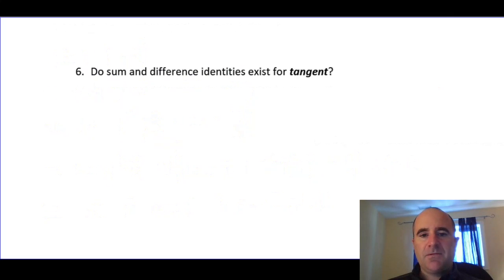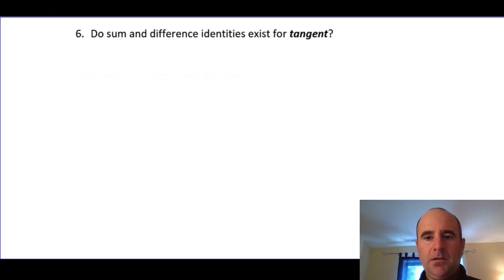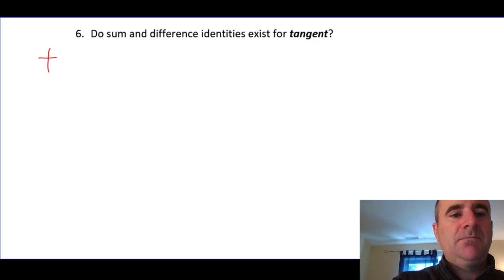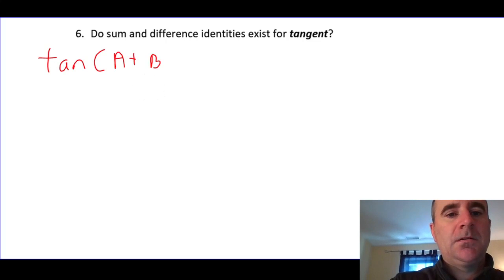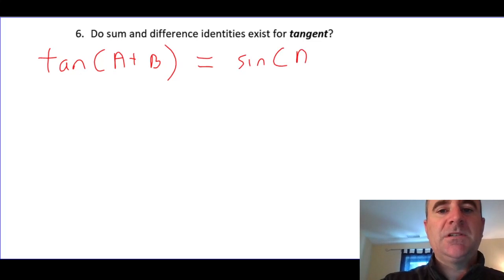So do sum and difference identities exist for tangent? Well, the short answer is yes, they do. Let's take a look. Let's start with the tan of A plus B. We can realize that that really is the sine of A plus B divided by the cosine of A plus B, because you can always do that with tangent.